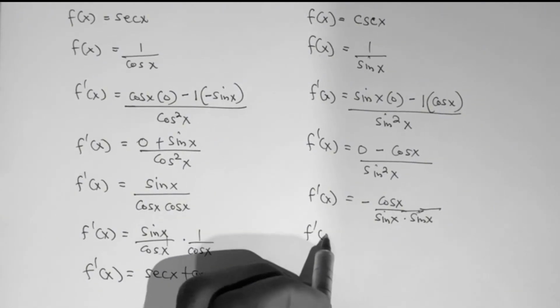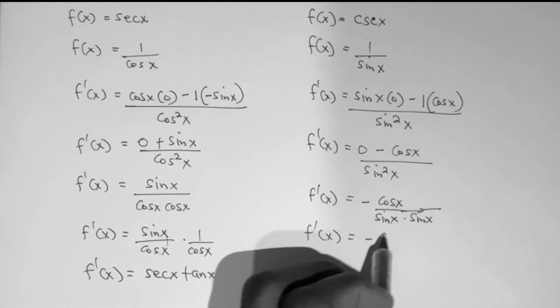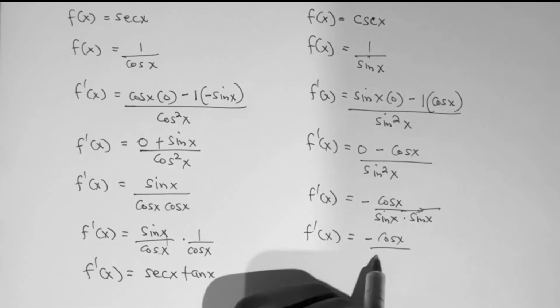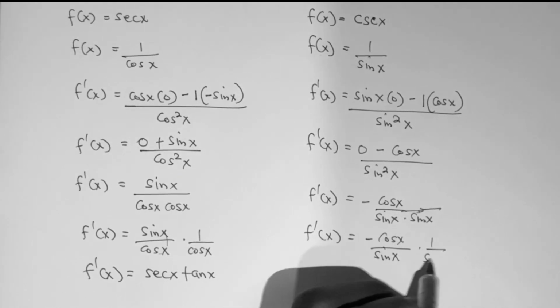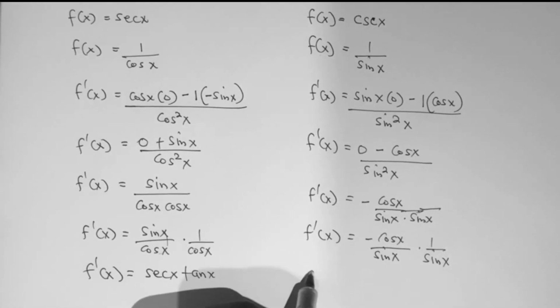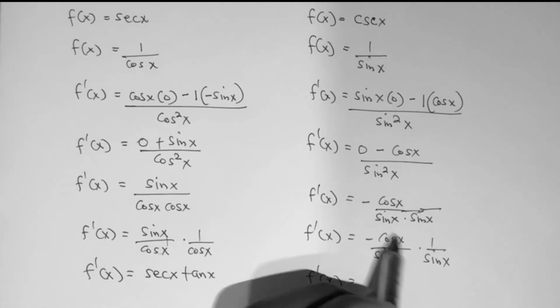So f prime of x is equal to minus cos x divided by sine x times 1 over sine x. So f prime of x is equal to minus cos x over sine x times 1 over sine x.